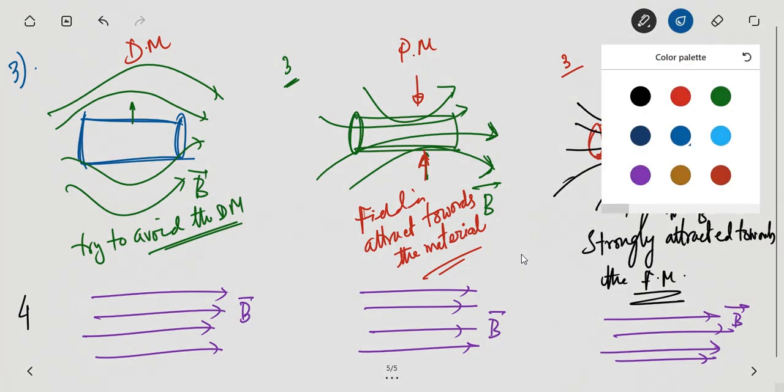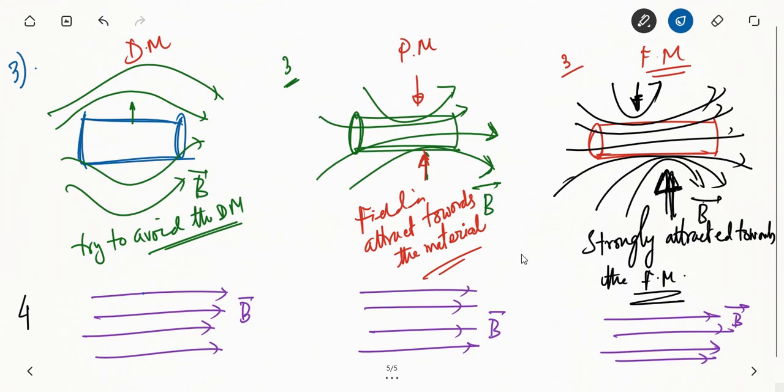But the diamagnetic material is aligned perpendicular to B, the external magnetic field.